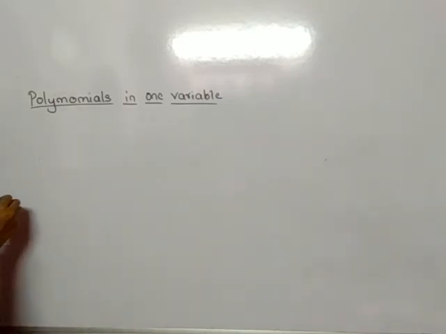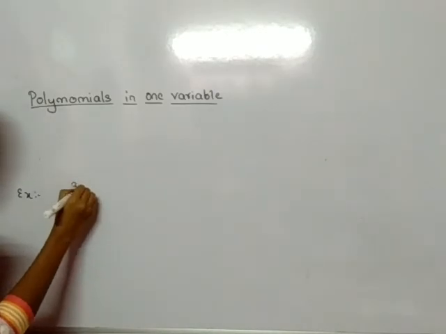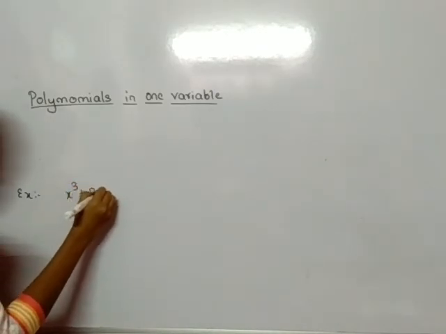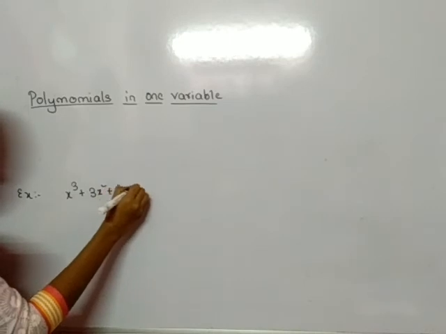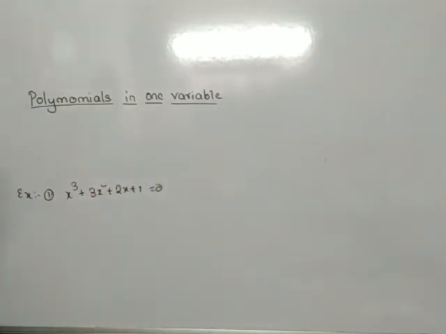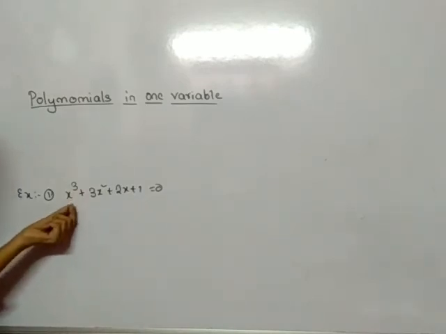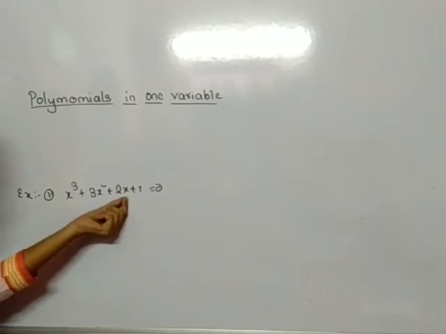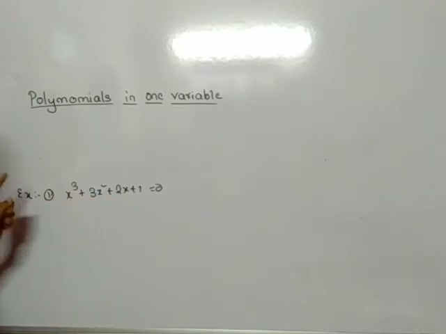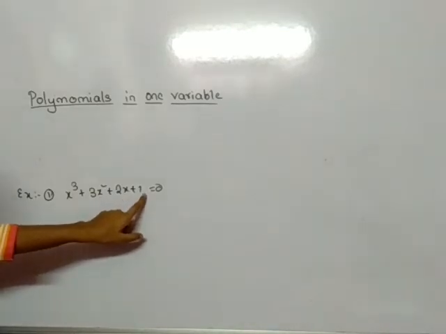So we'll take a look at an example. We need to consider the polynomial here: x cube plus 3x square plus 2x plus 1, which is equal to 0, right? We can see that this is a polynomial expressed in only one variable, meaning the whole polynomial contains only the variable x. x cube, x square, x raised to 1, x raised to 0, isn't it?